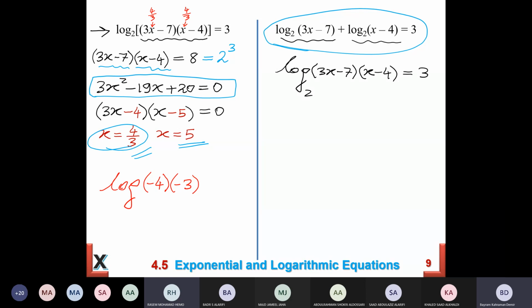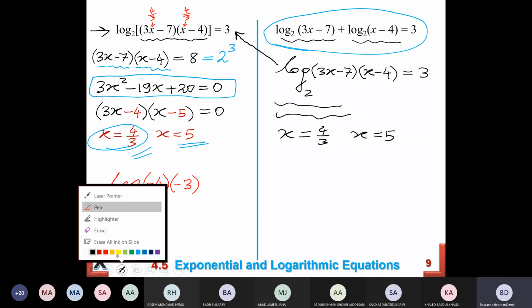Same steps, and after that everything is the same, so it becomes the same equation. The solutions are x equals 4/3 and x equals 5.